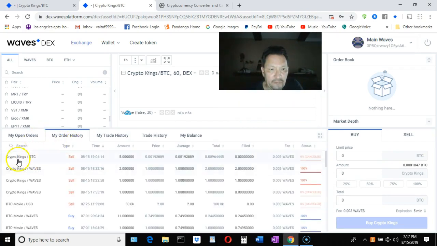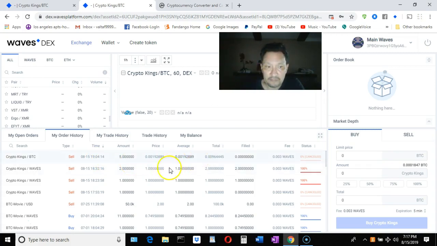See, this is my order history, and I have a sell order in here for Bitcoin, BTC for MovieCoin, 5 coins at a timestamp of 1904 hours, which is about 7 p.m., a few minutes after.